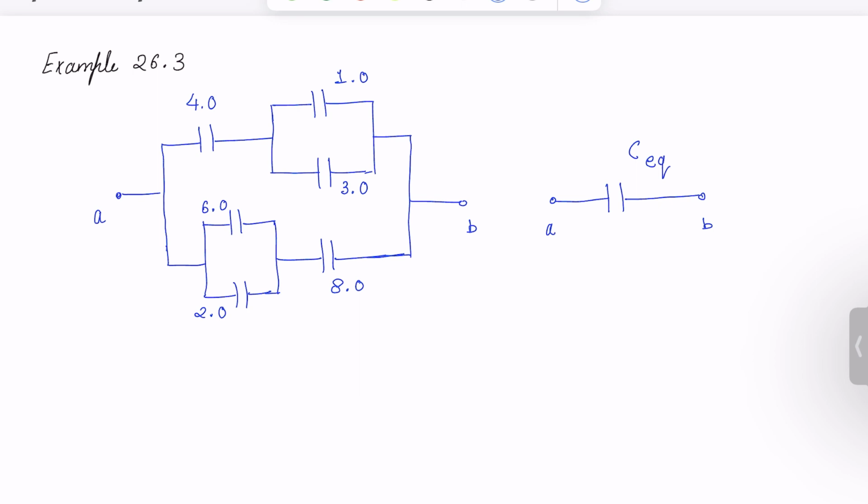So I want to quickly remind you that when two capacitances, or more than two, are in series, that is, if you have C1 and C2, then 1 over C equivalent equals 1 over C1 plus 1 over C2.